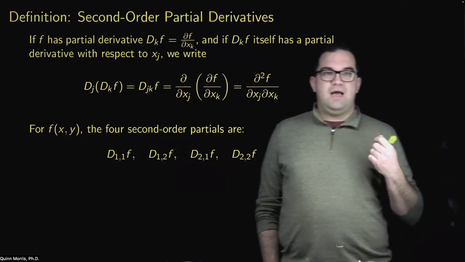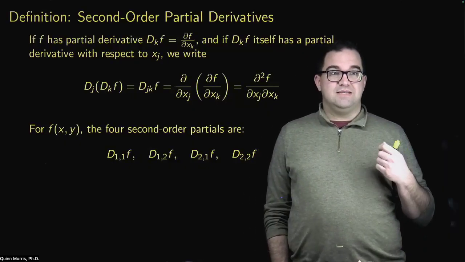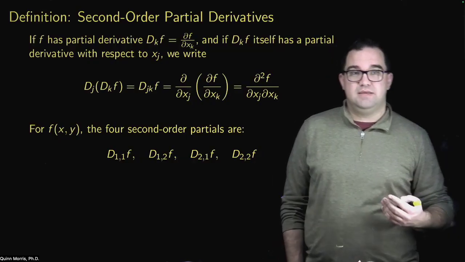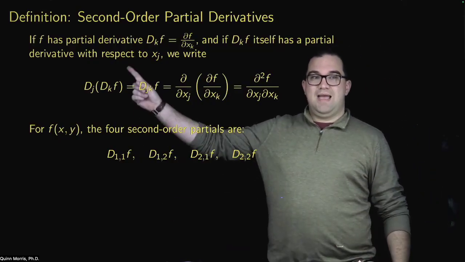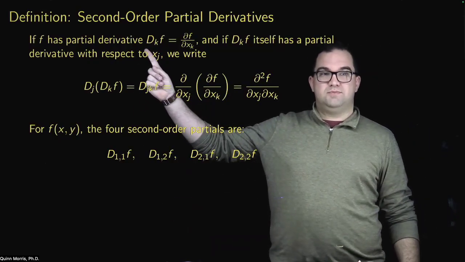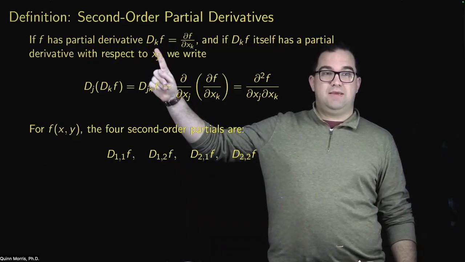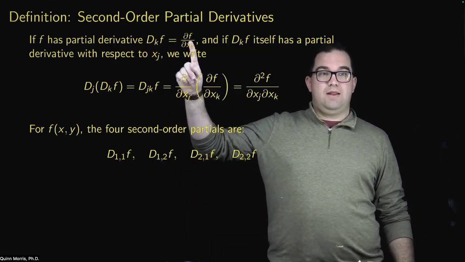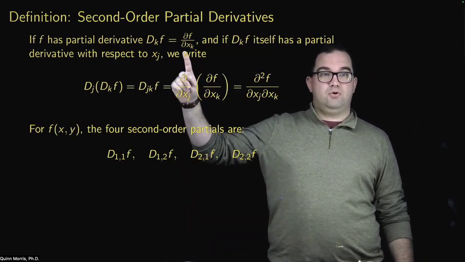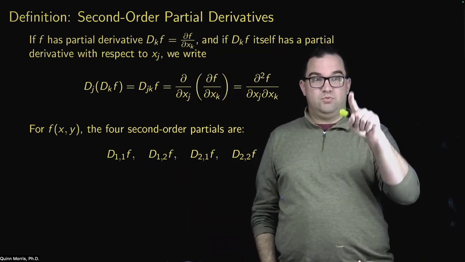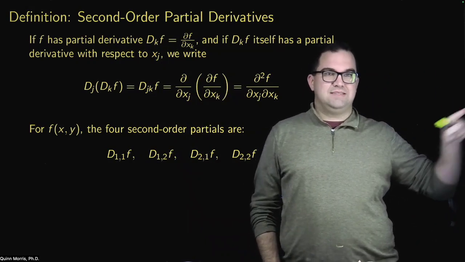So we want to define these second-order partial derivatives in a similar way, but also, again, recognizing that there will be many types of these. So imagine f has a partial derivative with respect to the kth variable. We would write that as d sub k of f. We might also write that as partial f, partial x sub k, right? That's assuming you named your variables x1, x2, x3, all the way up to xn.